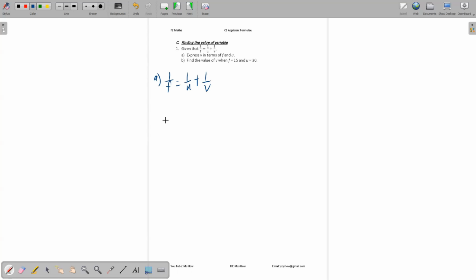Okay, now how do we express v in terms of f and u? Again, we group the things that are not v together first of all. 1 over f minus 1 over u. Now we make it into a single fraction first. So f and u, they must make into the same denominator.